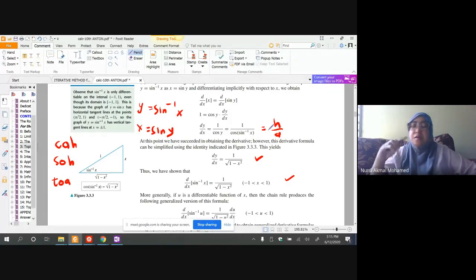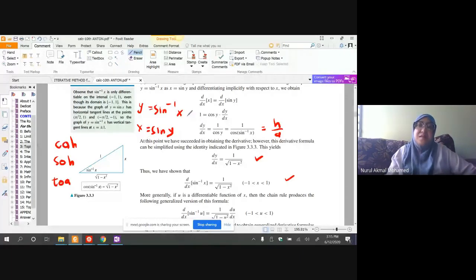Any idea how we got the triangle? How do you get the value for the hypotenuse, the adjacent, and the opposite? Okay, I know now.